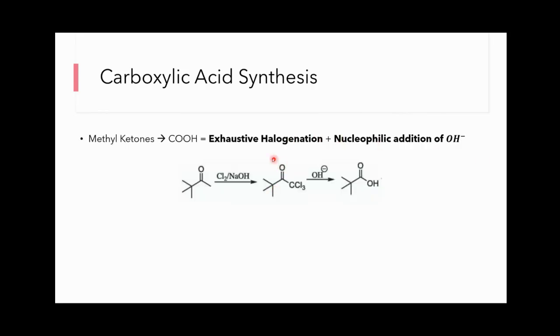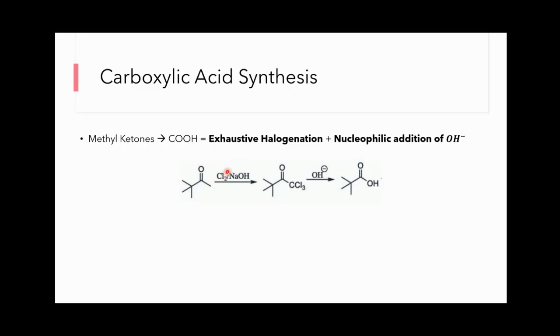All right, so if you have a methyl ketone, that means there's only a methyl attached to it. What you do is exhaustive halogenation, which is filling up this methyl carbon with halogens, whatever halogen you want.